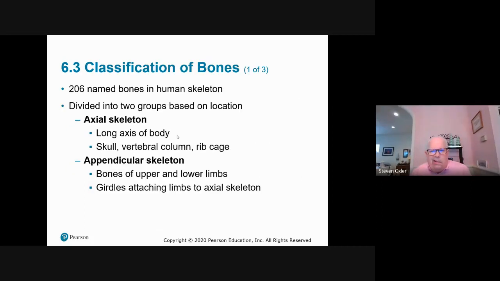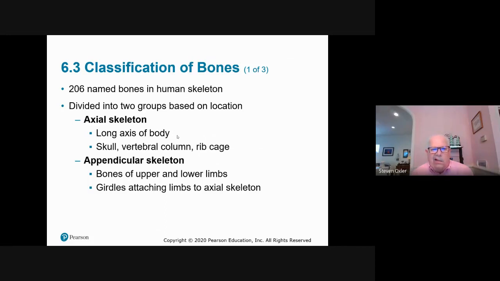The classifications of bones. There are 206 bones in the human skeleton. No, you don't have to know all the 206 bones in the human skeleton. I will tell you which bones you need to remember as we go into chapter 7. Okay? But the skeleton is divided into 2 groups, and it's based on location.